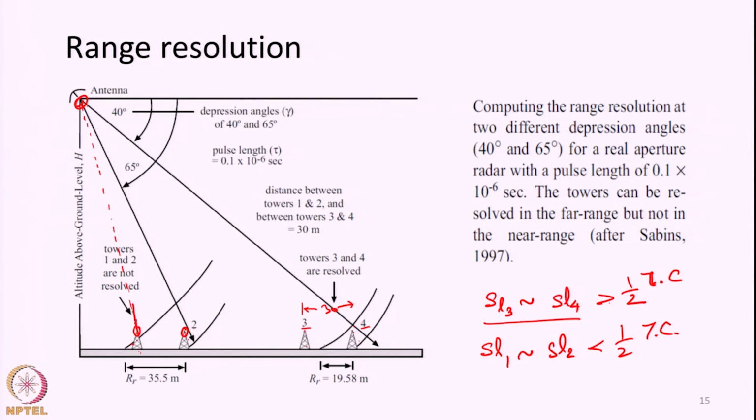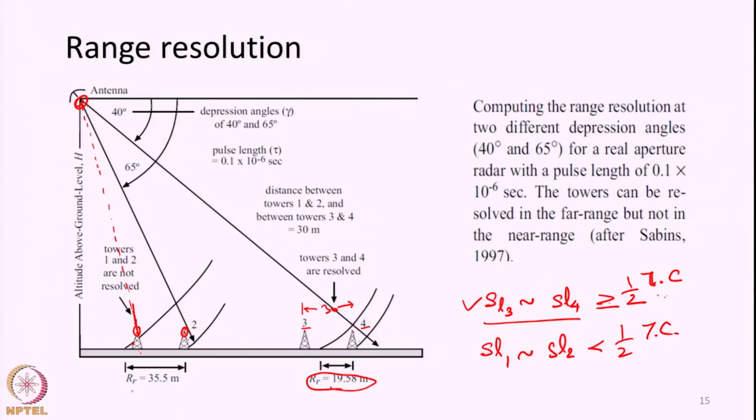If these two towers are horizontally separated only by a distance of 19.58 meters, they will satisfy this criterion: the difference in slant range distance between them will be more than or equal to half of the pulse length.